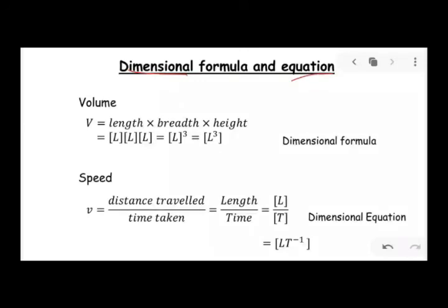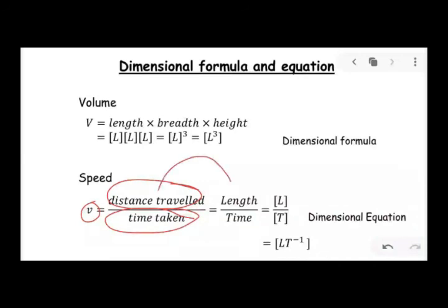Is it clear? Now next is your dimensional equation. What does the dimensional equation mean? The equation obtained by equating the physical quantity with its dimensional formula. Clear? So what does this mean? Suppose you have a velocity. Velocity means your distance traveled by time taken, or I can say speed equals distance traveled by time taken.